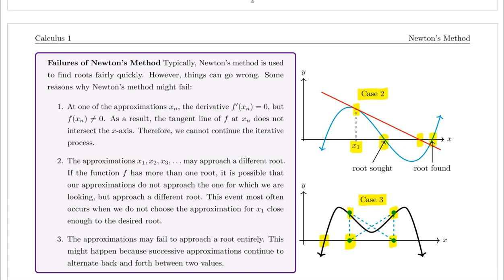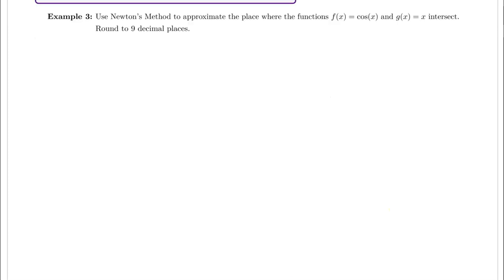So that is a failure of Newton's method and might potentially happen, in which case you might try to choose a different starting x1 value or an entirely different technique altogether.